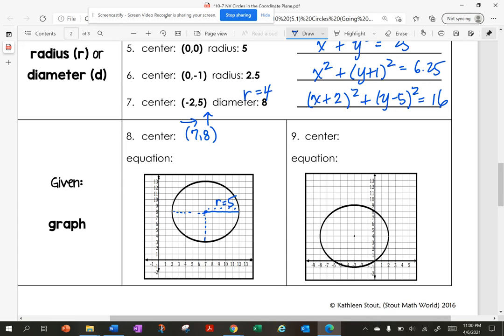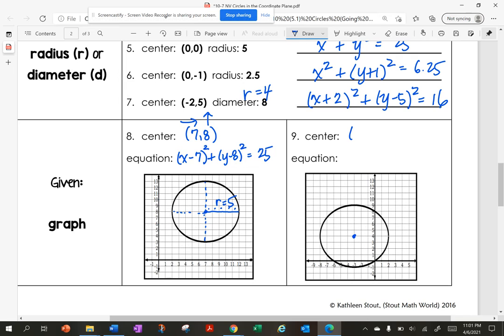I can count the radius horizontal or vertical in all these places. So my equation is going to be x minus 7 quantity squared plus y minus 8 quantity squared equals my radius squared. 5 squared is 25. Okay. Let's try number 9.